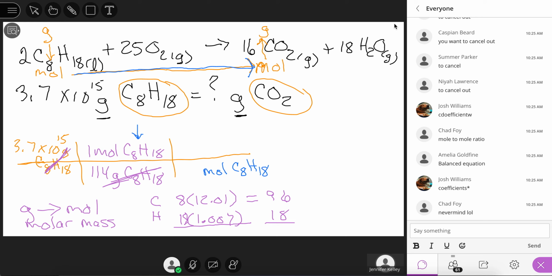And then I'm trying to go to carbon dioxide. Okay. And to figure out how many moles of what, I'm going to look up to my balanced equation. Here's carbon dioxide, and the number next to it is 16. So I'm going to put a 16 right here. And the number next to octane is 2. So I'm going to put a 2 right there.